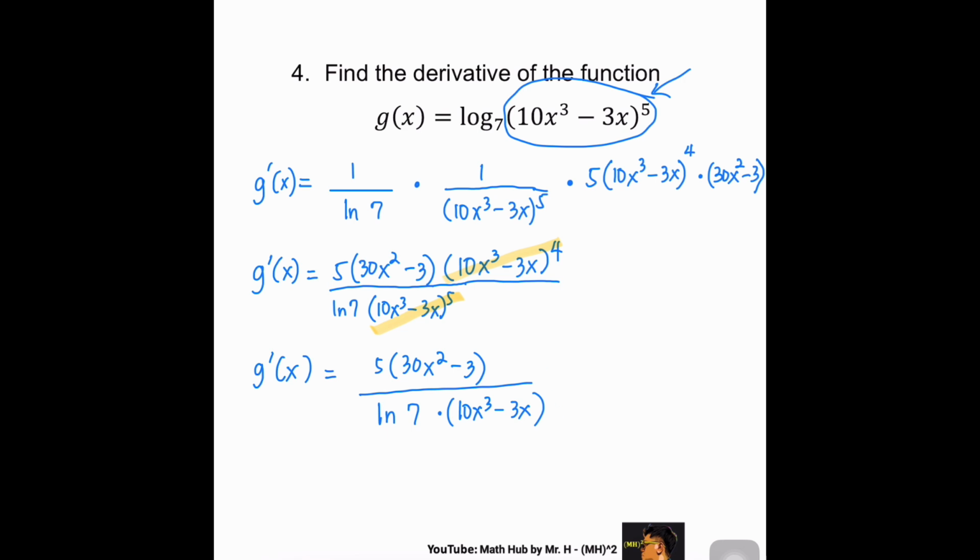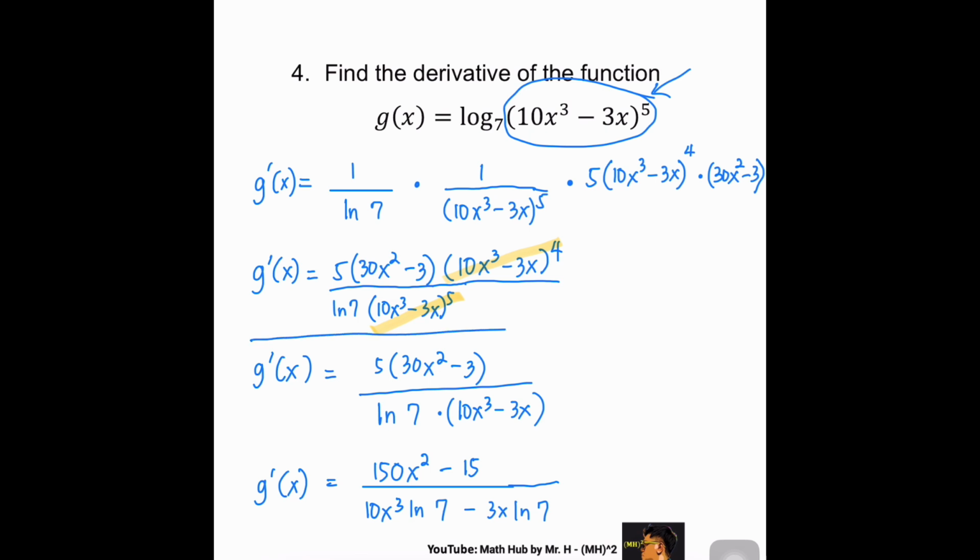But if you want to write your answer or present your answer in expanded form, it's going to be 150x squared minus 15 divided by 10x cubed ln of 7 minus 3x ln of 7.